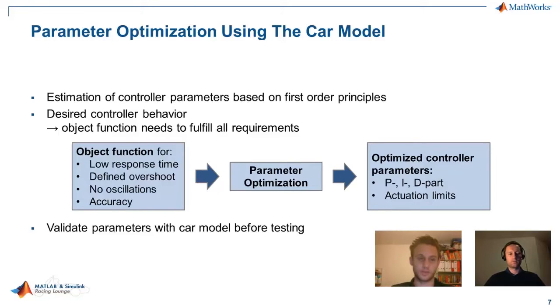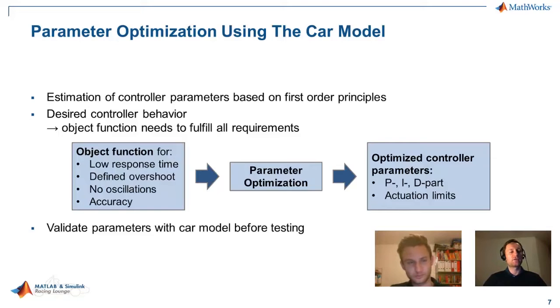For this, we designed an objective function with specific requirements of the controller, like a low response time, defined overshoot, no oscillations, and high accuracy. This objective function is handed over to the parameter optimization. Finally, we receive the optimized controller parameters like the P, I, and D parts and also the actuation limits of the controller. Okay, perfect. Let me ask a question at that point.